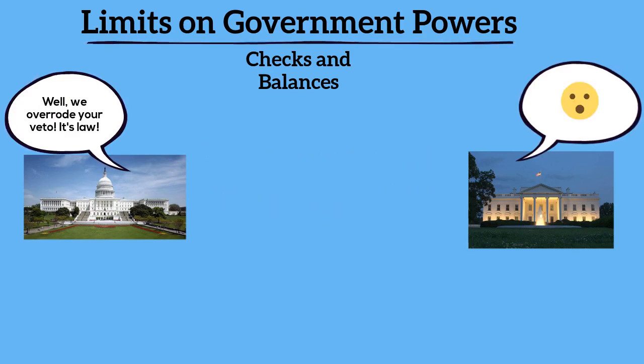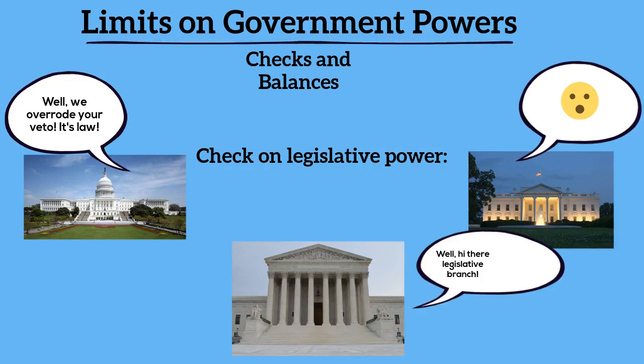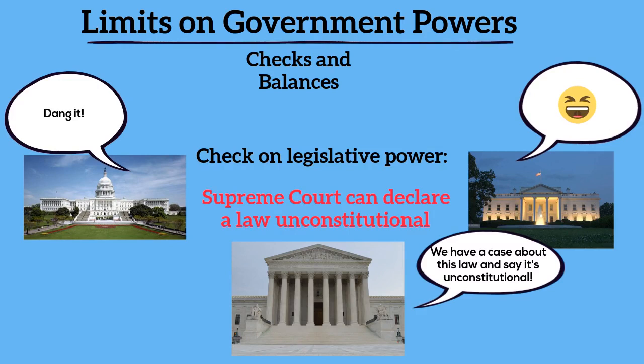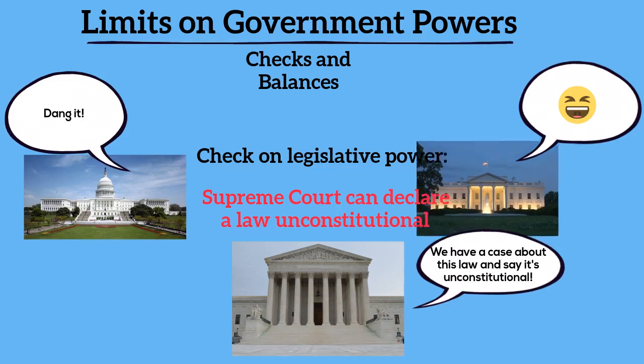But then, we have one more check on legislative power, because the Supreme Court can declare a law passed by Congress and signed by the president, or passed by Congress over the veto of a president, unconstitutional. So that's a check on legislative power.